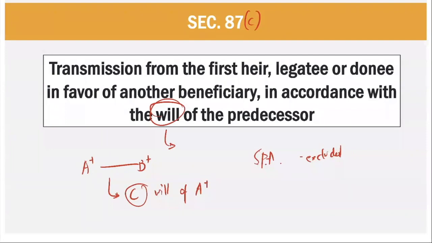We have section 87B and section 87C. But anyway, I just want you to know the particular section. But in case, dalawa lang sila. Yung dalawang transmission, fiduciary heir to fideicommissary, and in favor of the will of the predecessor. Okay? So dalawa lang.